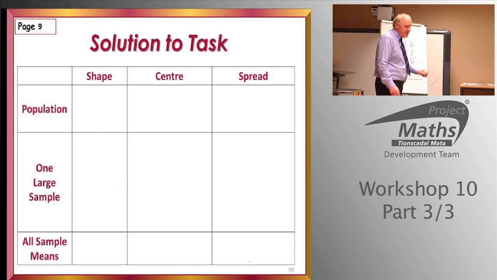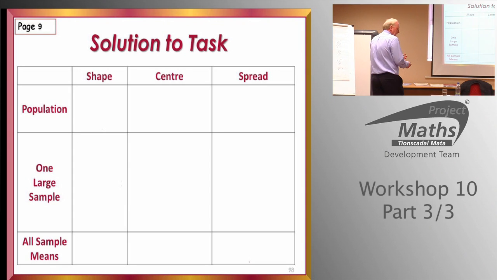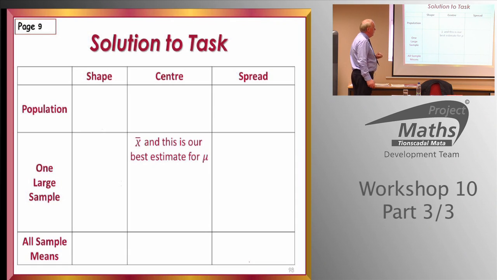Now, this is the crucial slide for understanding. You have this one done out before, so I'll just go back. Look at our population, our large sample, and all the sample means. When we take our large sample, we know that x bar is our best estimate for mu. And we know the center of the population is at mu.